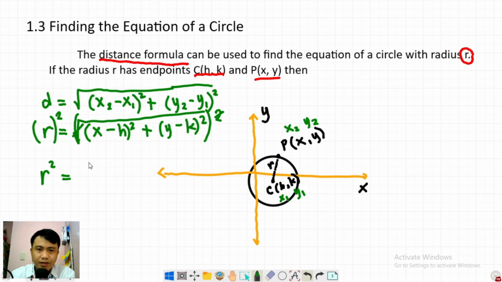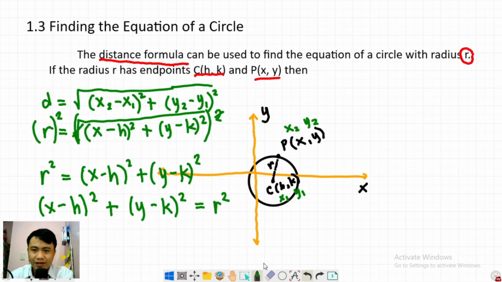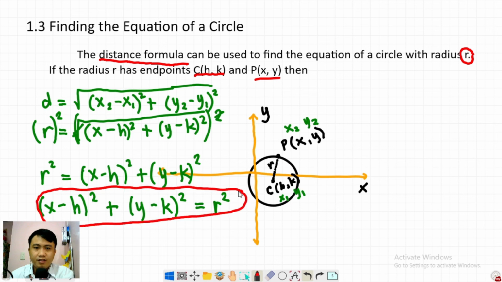Ang natira na lang, (x minus h) squared plus (y minus k) squared is equal to r squared. So the resulting equation is the equation of our circle.